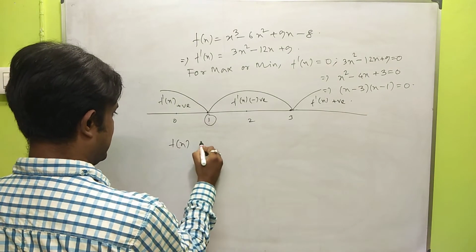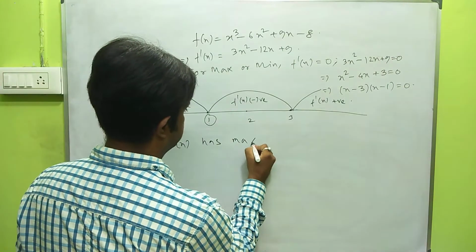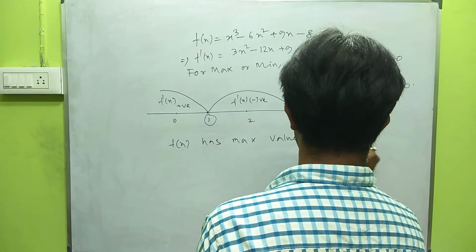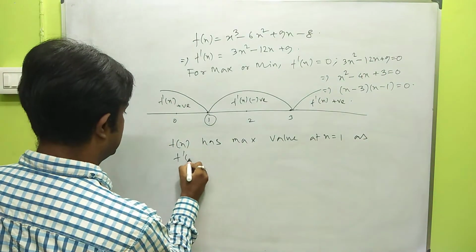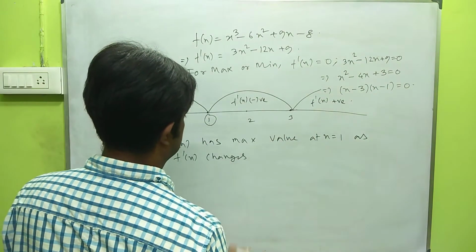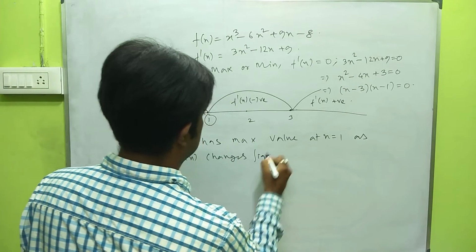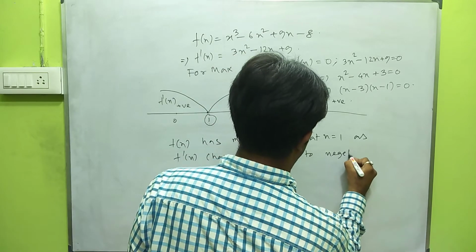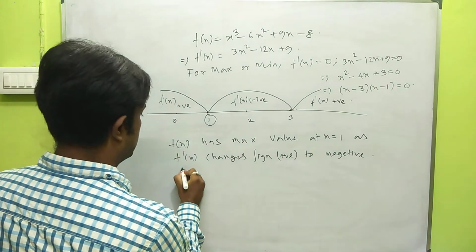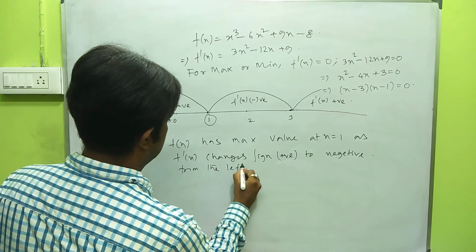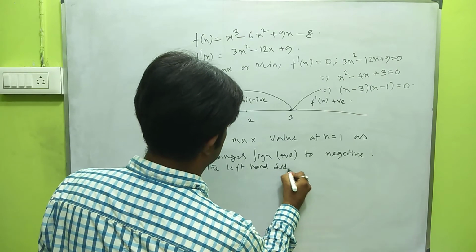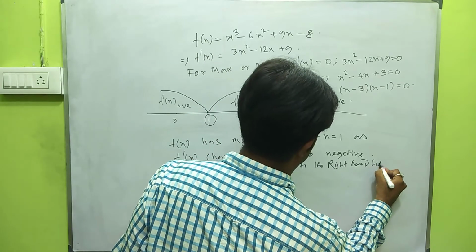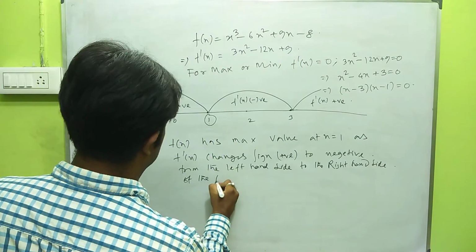So f(x) has max value at x is equal to 1, as f dash x changes sign from positive to negative from the left hand side to the right hand side of the point 1.